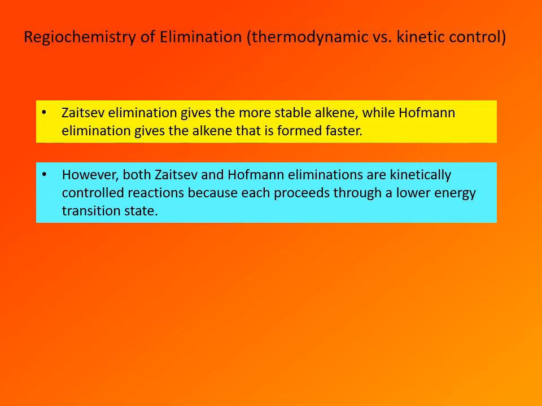Both are kinetically controlled. But Zaitsev proceeds through a low energy transition state, and that's why the lower energy transition state in Zaitsev elimination also leads to formation of the more stable alkene. So both Hofmann and Zaitsev elimination proceed through lower energy transition states, and they are both kinetically controlled reactions.